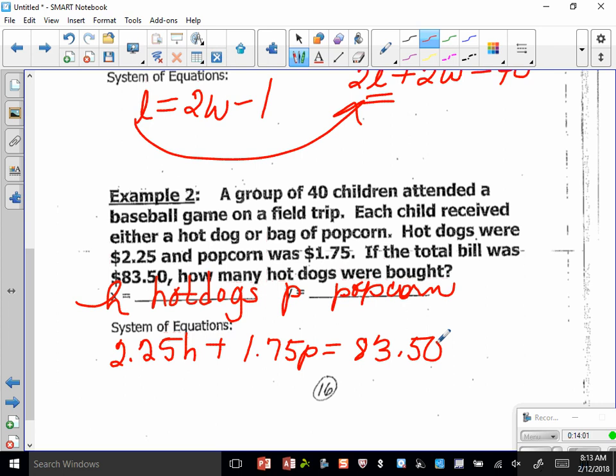And how many total children do we have? All right, so we're going to say H plus P equals 40. I'll stop it there. You should be able to figure out the substitution method and continue with that.